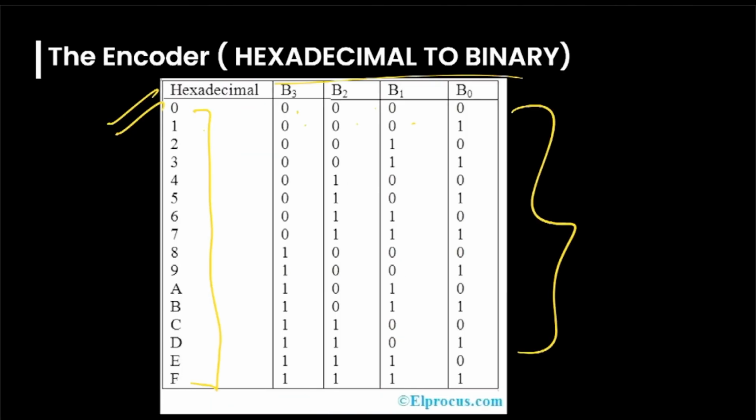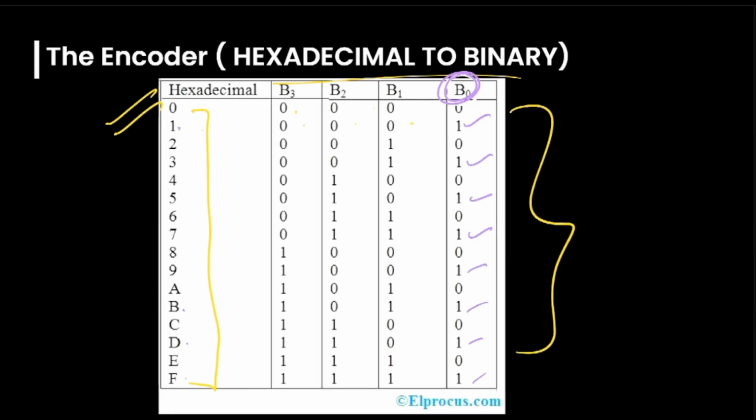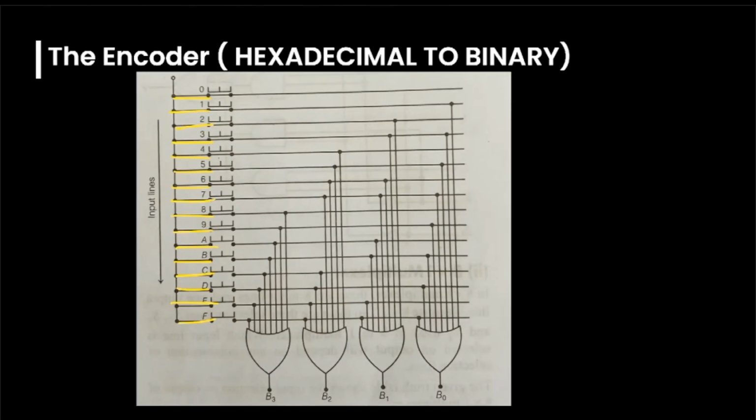Then for B0, right? Look at B0. Wherever it's marked as 1, I drop a line from there. So here's 1, 3, again, all the odd numbers 1, 3, 5, 7, 9. And then we have B, D, and F. So from 1, I drop a line. Then I drop a line from 3.